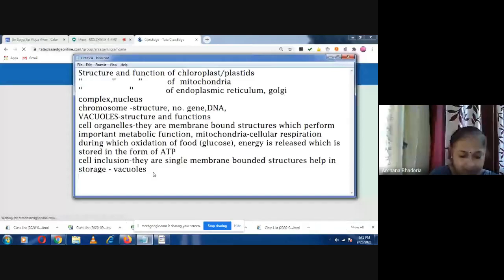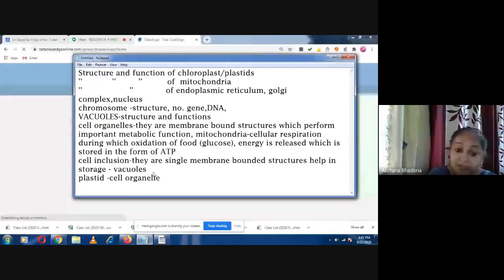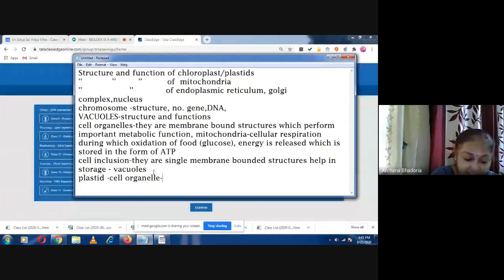The plastid is the cell organelle. Now what cell organelle? Try to understand: the one which has pigments. Okay, a cell organelle containing pigments.